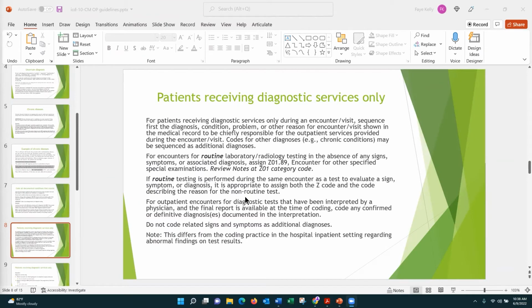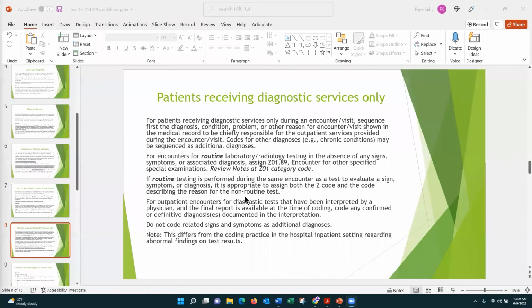If a patient's coming in for routine lab and radiology, then you want to assign the code Z01.89. And then it tells, I put this in here, so make a note because I'm not going to try to pull it up on my screen. Unfortunately, my internet might go out, but I want you to look at the Z01 category sometime after our Zoom meeting today.